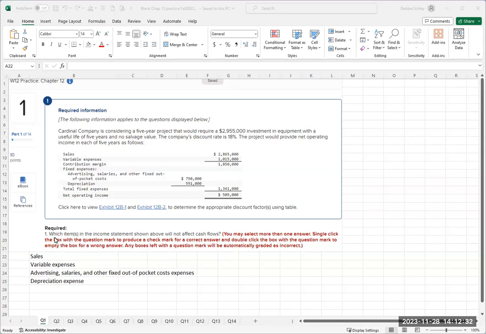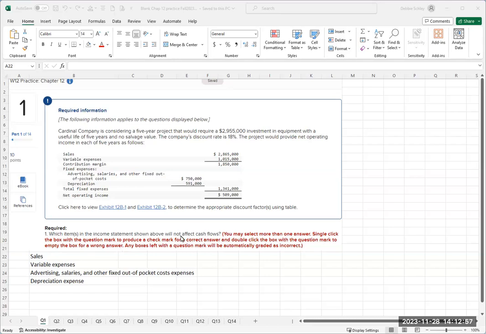So question 1, which items in the income statement shown above will not affect cash flows? And this is where you click to check it, or you click again to leave the box empty. And so if you think about these things, which things, whether in the long term or the short term, affect cash flow, right?